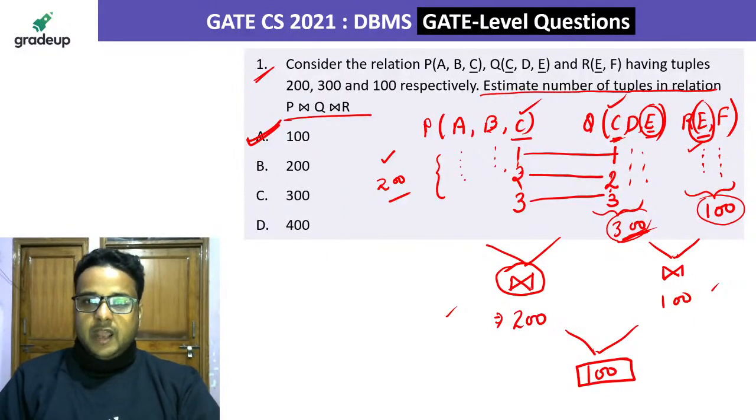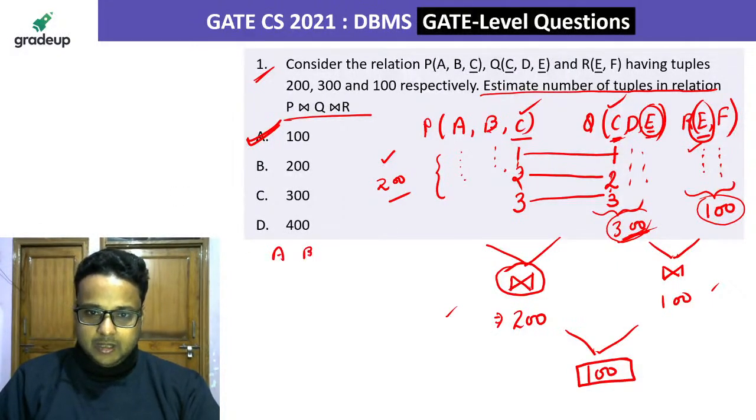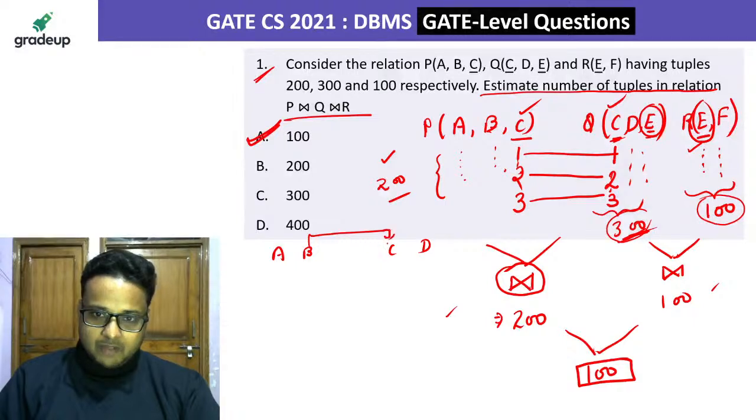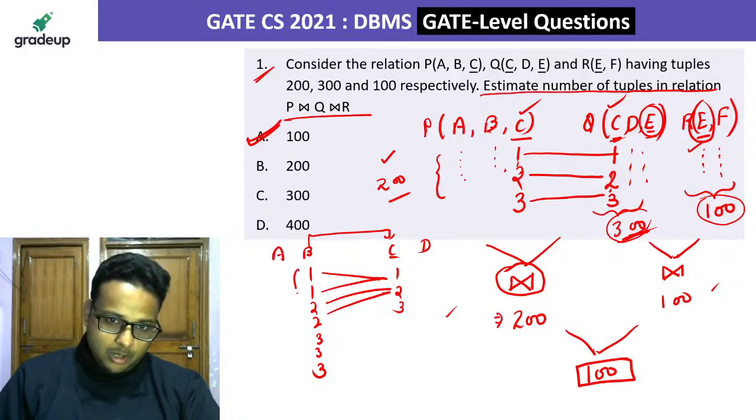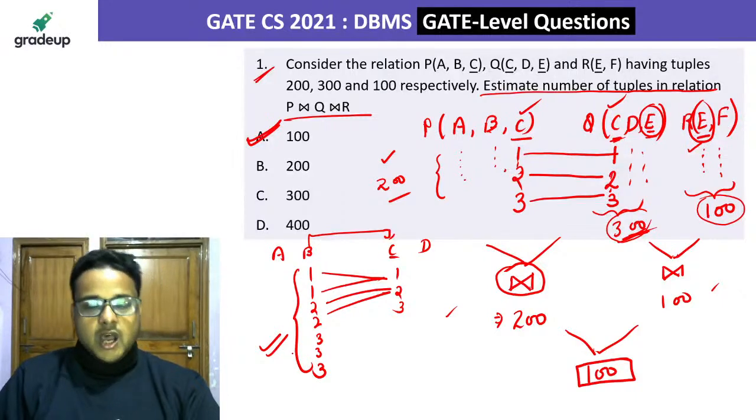If repetition were allowed, then most probably we could get more. For example, if we have A, B, and here C, D, and B is referencing C, and C is the key with 1, 2, 3, and here I have 1, 1, 2, 2, 3, 3, then it will be matching each time, and all these tuples will be in the output.